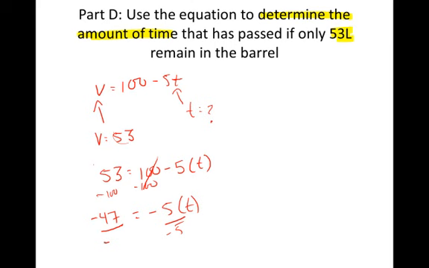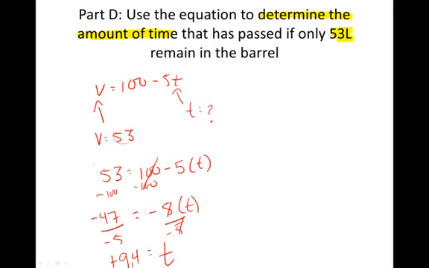I'm left with t equaling negative, and a negative is going to give me a positive, 47 divided by 5, that's going to give me 9.4. So this means that when there's 53 liters remaining in the barrel, about 9.4 minutes has passed.